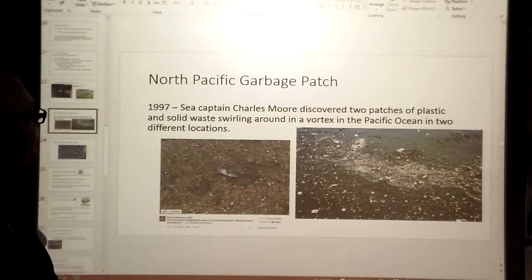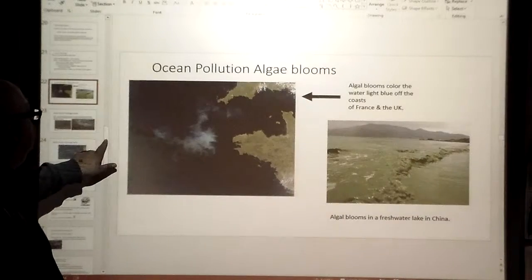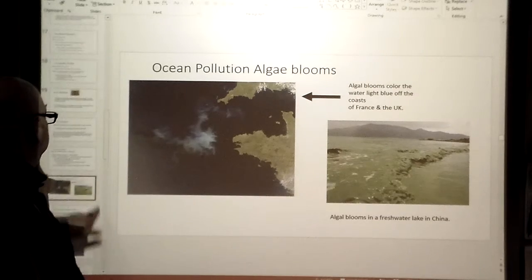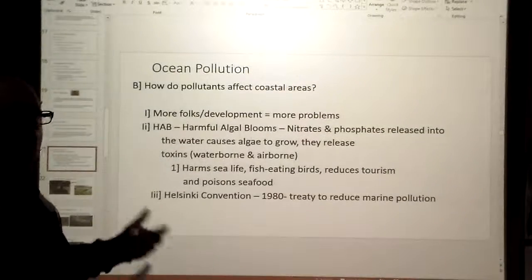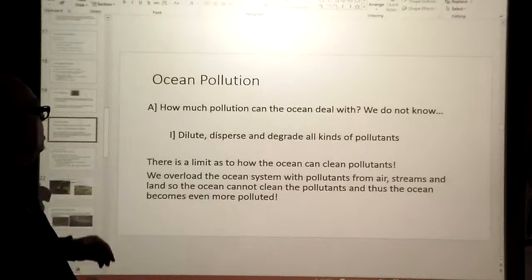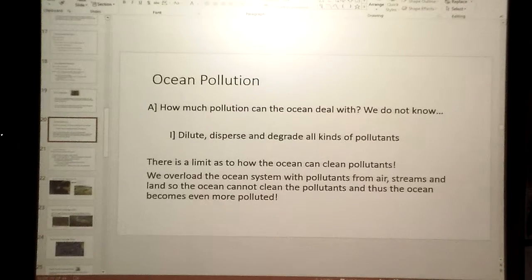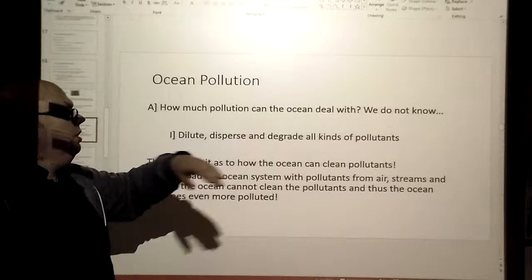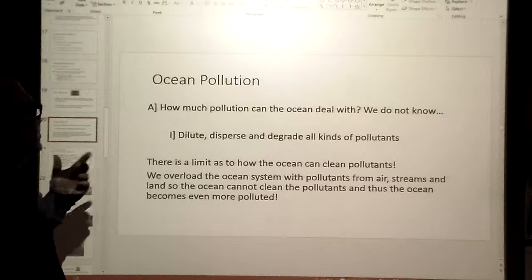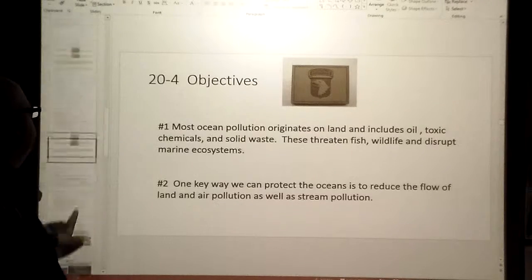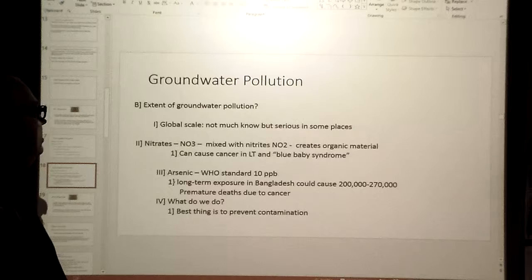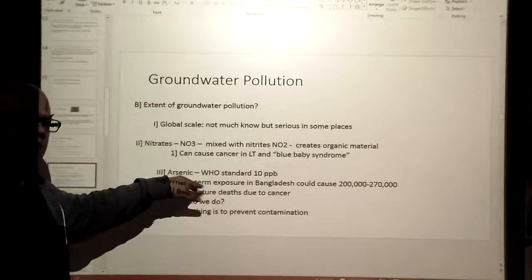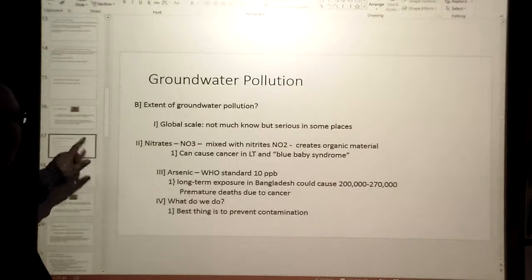We also talked about eutrophication and the idea of algae blooms. What's causing them? Nitrates and phosphates. Can oceans and rivers clean themselves? They can. They can dilute, disperse, and degrade all kinds of pollutants, but the problem is there's a limit. We messed that up. We also talked about groundwater pollution, again with the nitrates and the nitrites. Arsenic, that's another issue that we have.